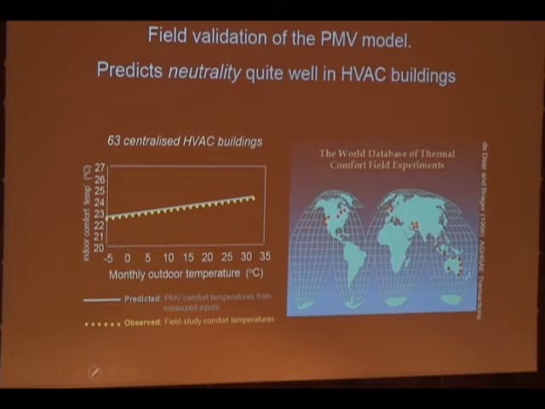And the upshot of that analysis was that yes, in air-conditioned, centrally controlled buildings, they were doing pretty well. The indices were quite successful, and it suggests to us that in some ways, the occupants of air-conditioned buildings were adapting to what air conditioning engineers were providing them.